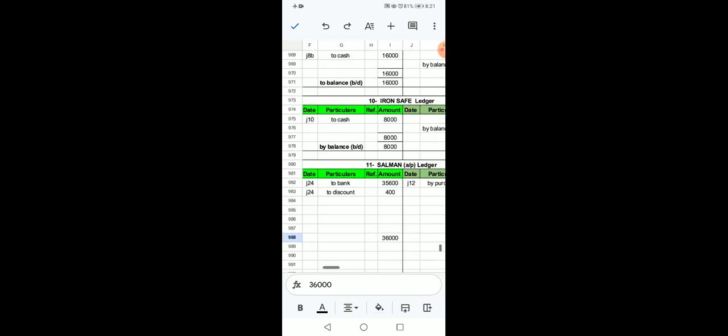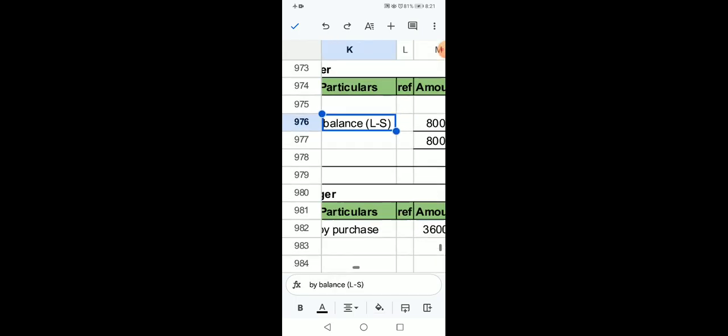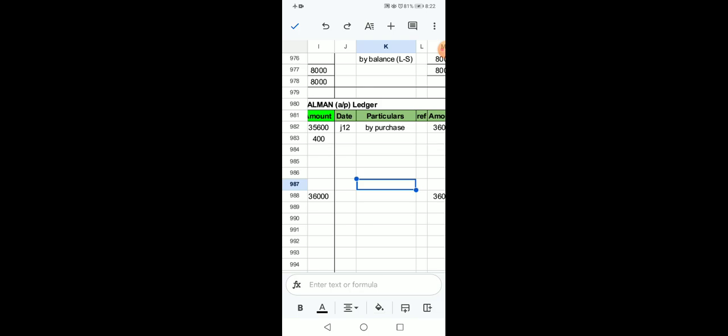Make a comparison of the total of both sides. 36,000 credit, 36,000 debit. It means we will not be able to make a balance of these entries. Why? Whenever we calculate an initial balance, we subtract the smaller sum from the larger sum. And in the case of Salman, there is no smaller and larger sum. It means without calculation of balance, the ledger of Salman would be completed.